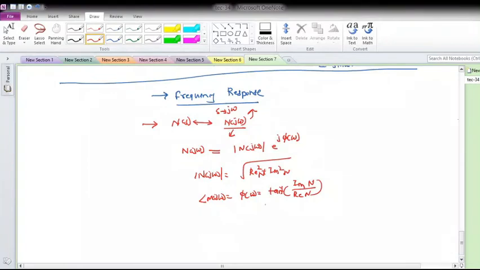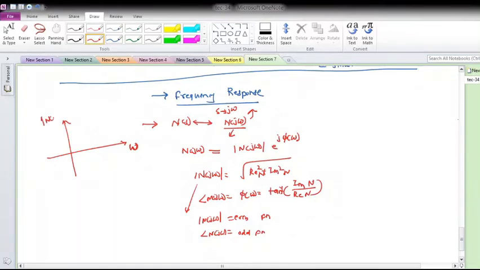Generally, the magnitude response N of j omega is always an even function, and the angle of N of j omega is always an odd function. If I plot omega on the axis and the magnitude response looks like this for positive frequencies, it is an even function, so it will be the same for negative frequencies.